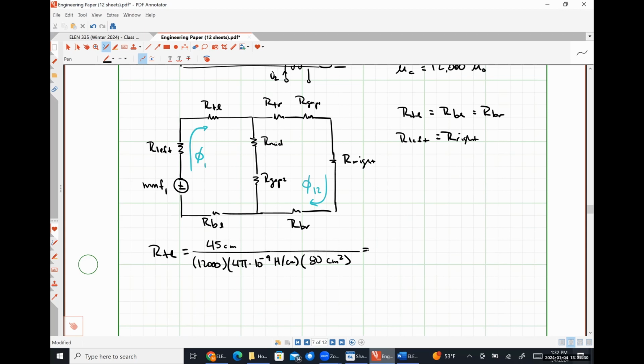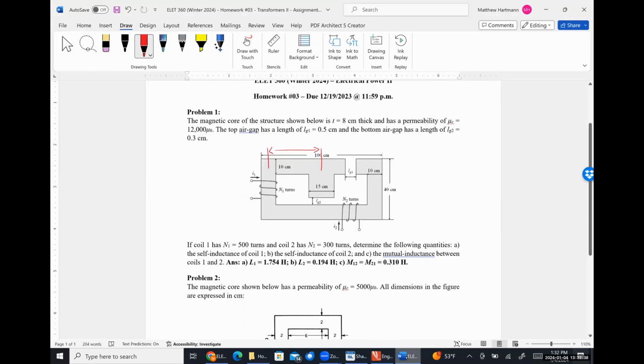So the stacking factor has nothing to do with mu naught. Let me go to the problem statement here. We were told very specifically that our core has a permeability of 12,000 mu naught, so that's why we're using mu naught. The stacking factor is only going to show up when we're using a nonlinear material that we are laminating.